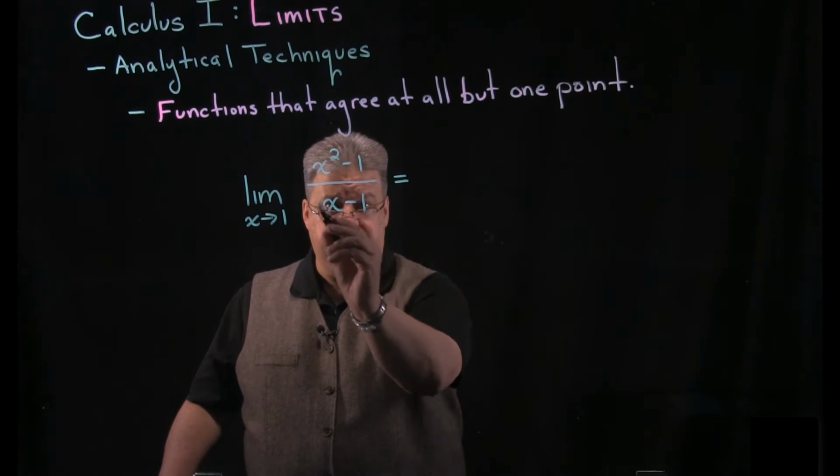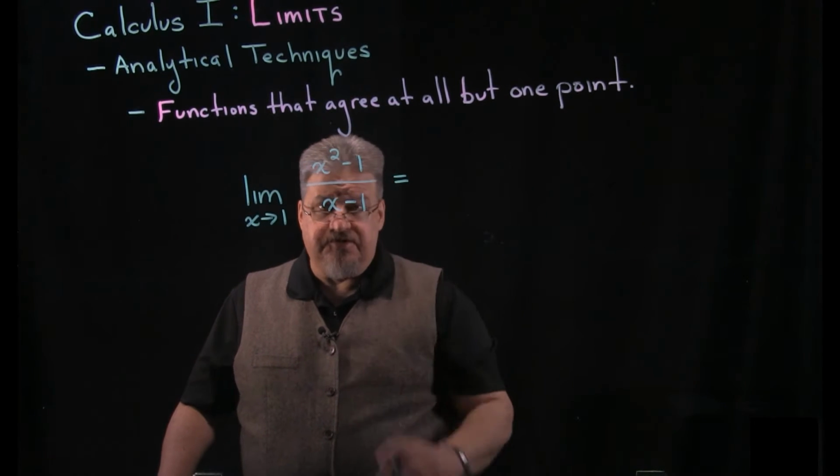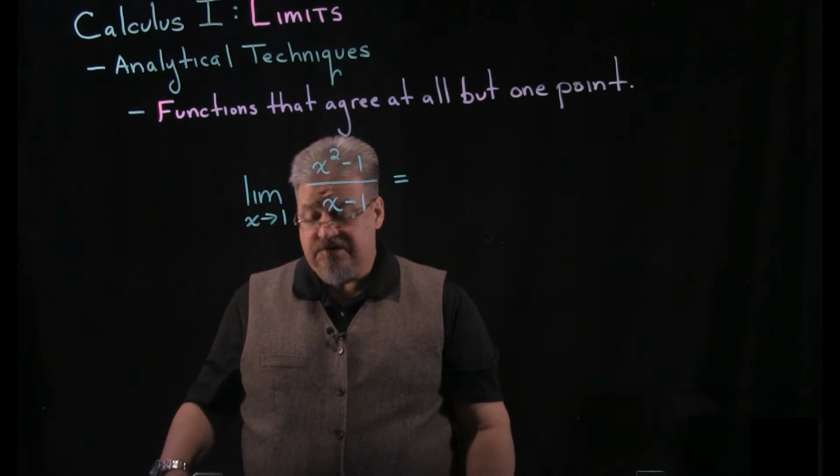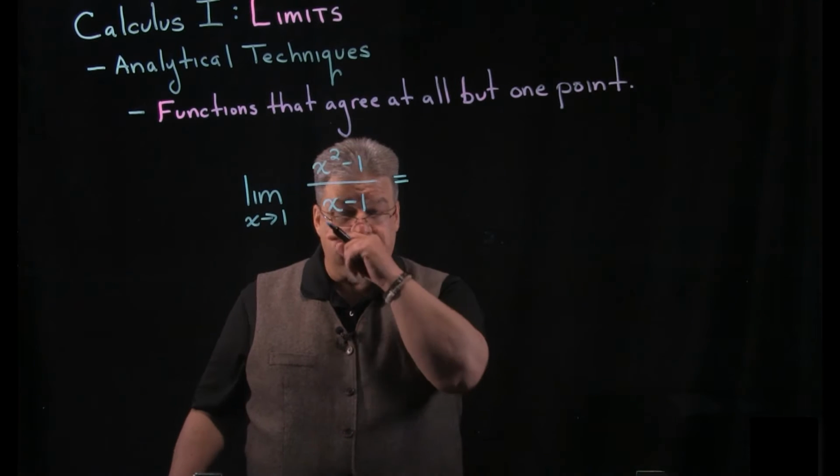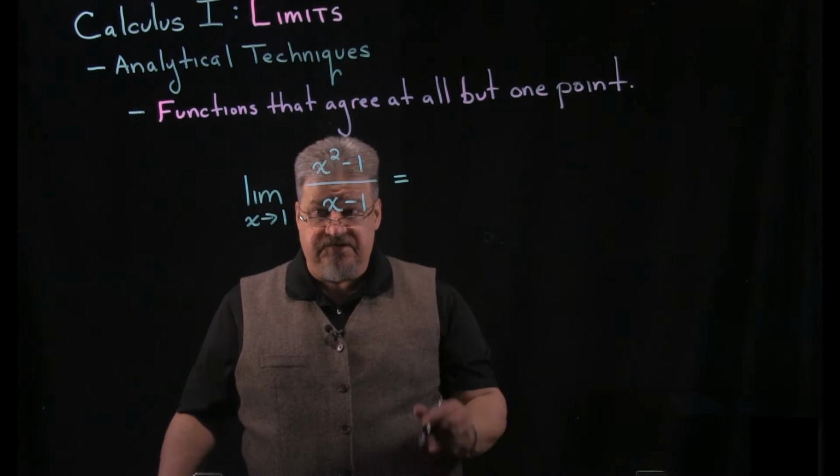Namely, you would have a 0 in the denominator. Also, we observe immediately that the numerator is 0 as well, which is good because this tells us that we have more work to do in terms of determining whether the limit exists.